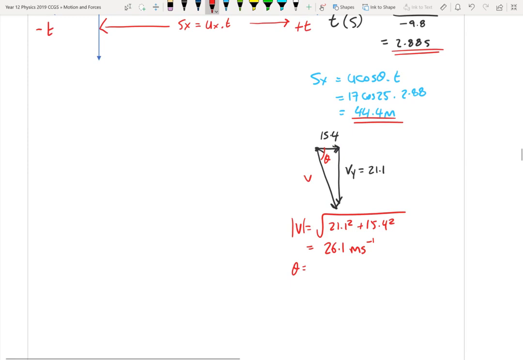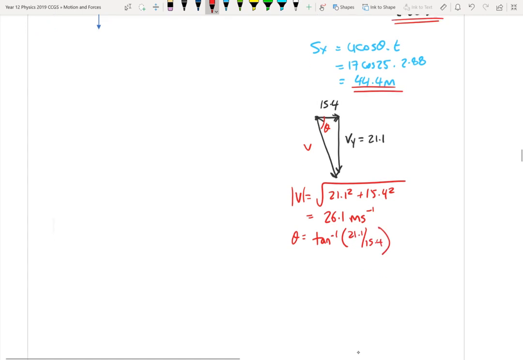And I'll take the angle to the horizontal, which is theta in the diagram. That's arctan of 21.1 over 15.4. That will give us an angle slightly greater than 45. 53.9.